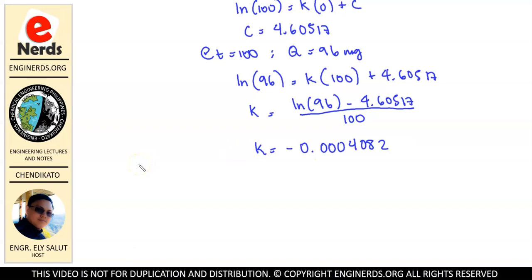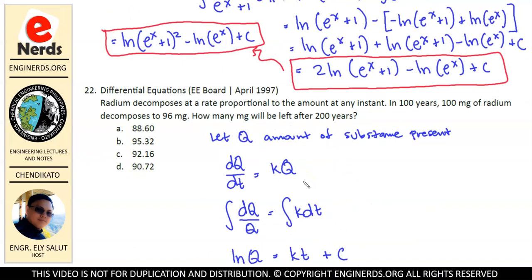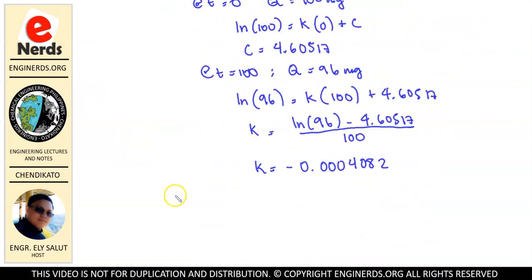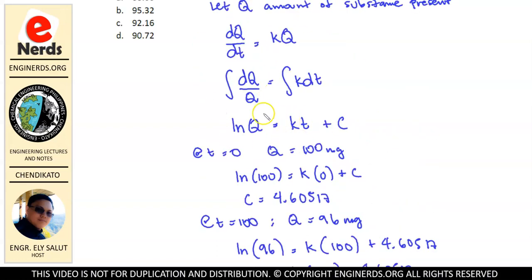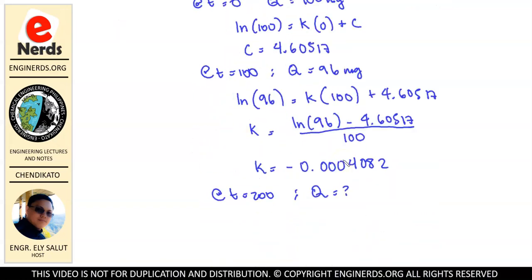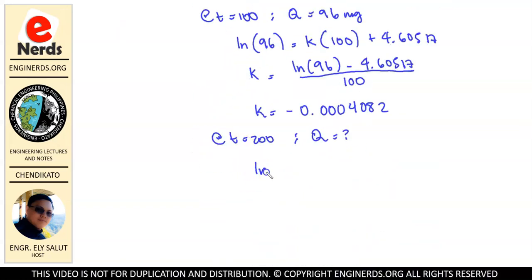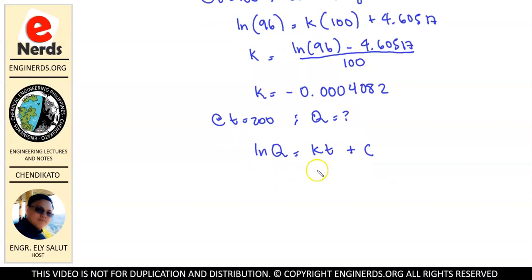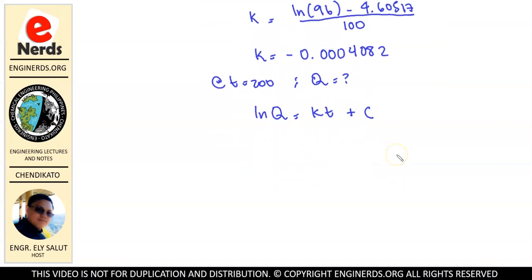Okay? Now, what we are asked to find here is how many milligrams will be left after time is equal to 200 years. So what we need to know is, at time equal to 200, what will be our Q? Okay, so let us use our equation again. ln Q is equal to KT plus C. We don't know Q, but we know K and C. Alright?